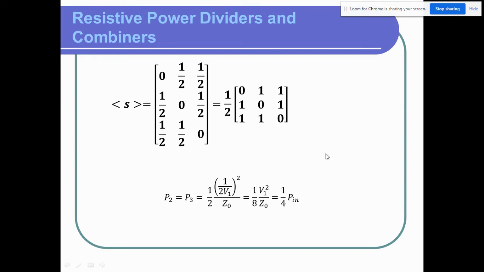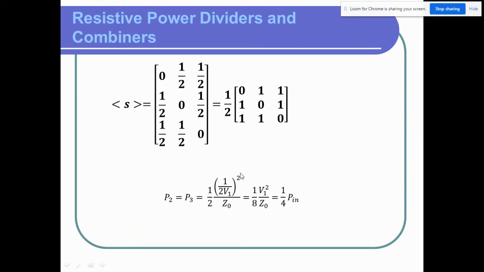Now, in terms of power, what will happen? In terms of power, since it is voltage, we need to square the voltage if we want to find the power. So half of V, it is supposed to be up actually. This is a mistake in the book, I think. So this is supposed to be up.